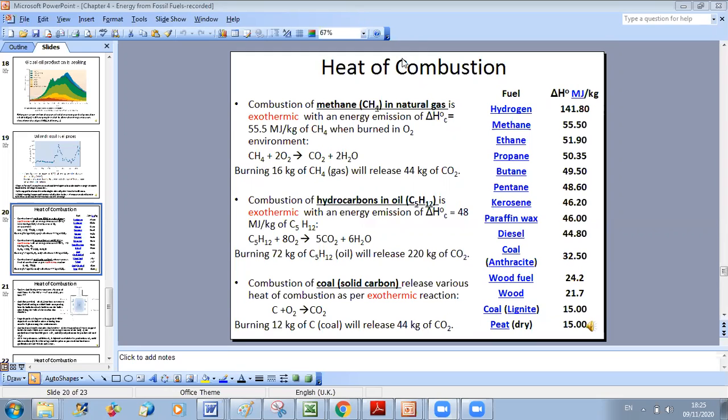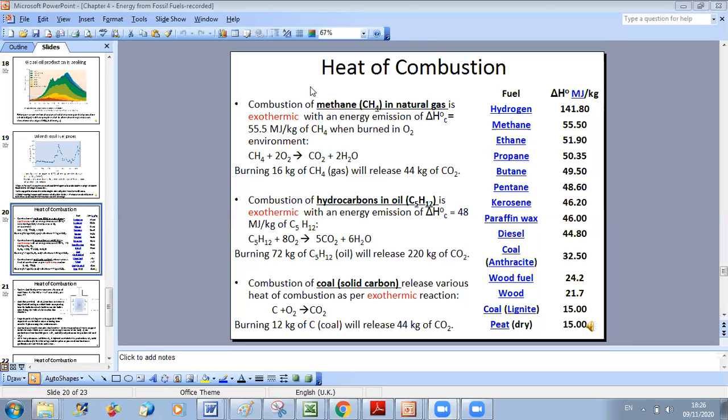Now, once I determine the chemical reaction coefficients, I can find, for example, if I burn this mass of CH4, what will be the mass of CO2 released? How to do this?